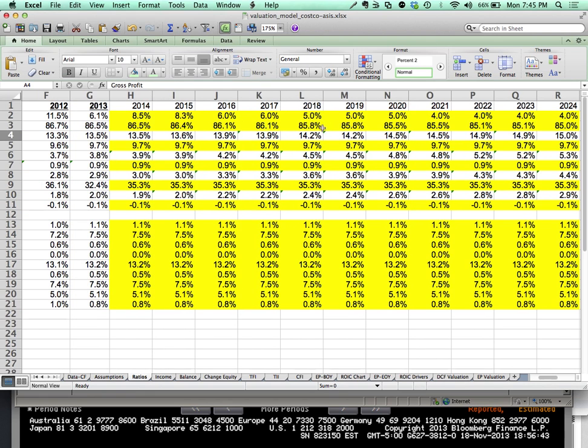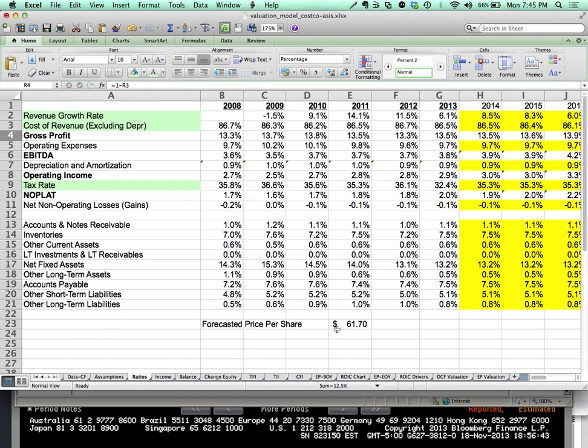Say a couple years later, instead of 85.8, it goes to, I don't know, 85.3, and then to 87.8, 87.5. Give me an extra 1 point of margin.